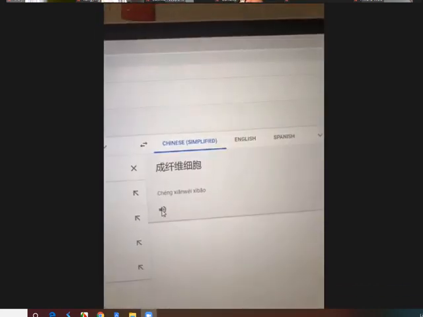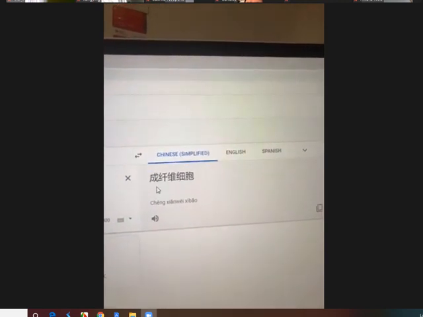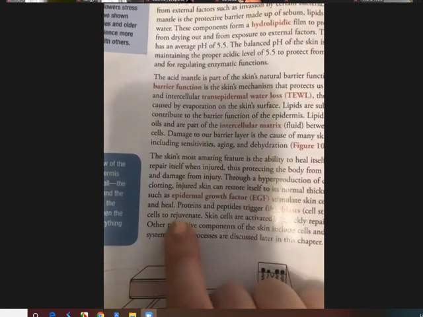Okay, fibroblast. 成纤维细胞. Okay, so fibroblast is this 成纤维细胞. Okay, so it's actually a cell. Fibroblast is a cell that helps our skin cells to rejuvenate.